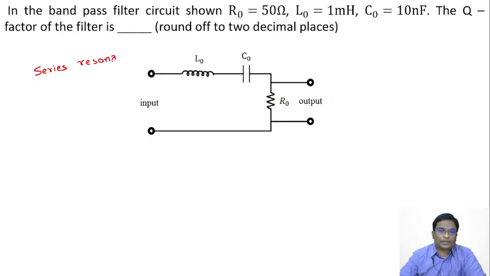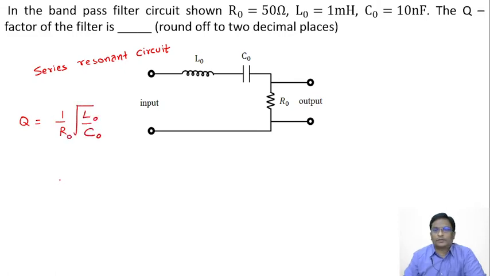For a series resonant circuit, if you know the R, L, C, what is the quality factor? It is 1 by R root L by C. Here they have given everything as R naught, L naught, C naught. This is a straightforward formula based question. You substitute these values: 1 by 50 square root of 1 millihenry divided by 10 nanofarads.